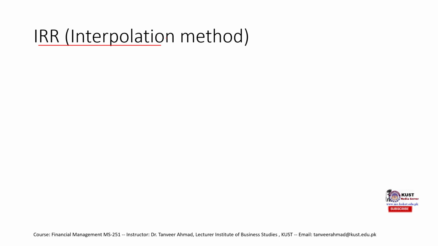In the previous example, it was sheer chance that we found the IRR using just 3 different discount rates, but normally it might take 7-8 different tries to find the IRR. So it is a cumbersome, time consuming method. Therefore we have a different method called interpolation, and we can use it to estimate IRR.